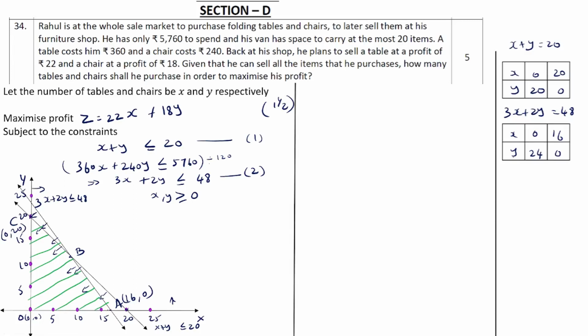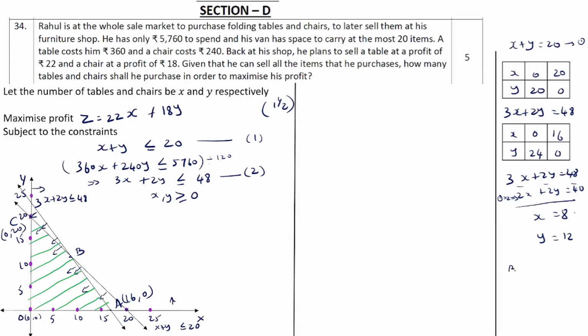So here we have 3x + 2y = 48. If we multiply the other equation by 2, then we get 2x + 2y = 40. So if we subtract, we get x as 8. When we substitute x as 8 here, we get y as 12.